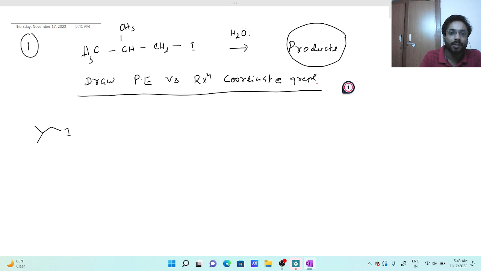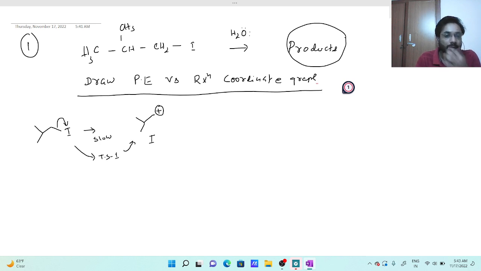This is the leaving group which leaves in the very first step, that is the slowest step, isn't it? This is the carbocation. So this is nothing but the intermediate. Before that we can imagine one transition state should be there. Just after the formation of the transition state, we noted one more point: this carbocation may rearrange if it is possible.